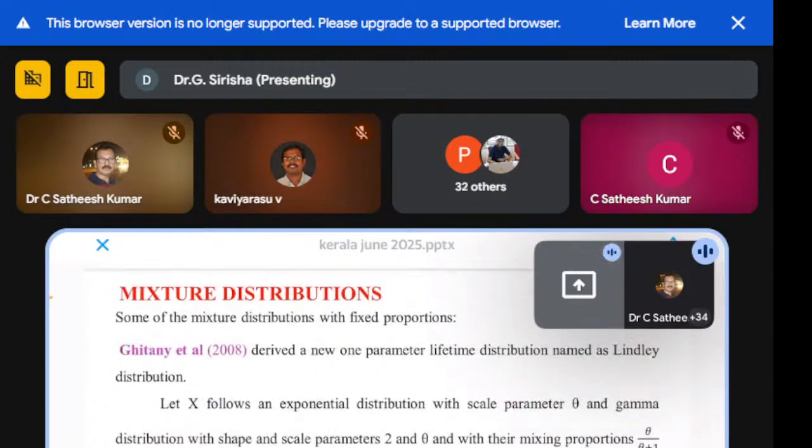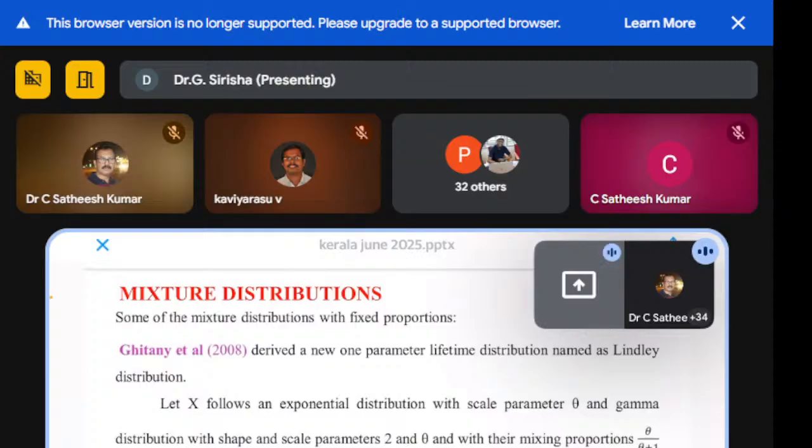Today I'm going to present some mixture distributions with fixed proportions. The study of mixture distributions with fixed proportions was started by Ghitany et al. in 2008. They derived a new one parameter lifetime distribution known as the Lindley distribution.